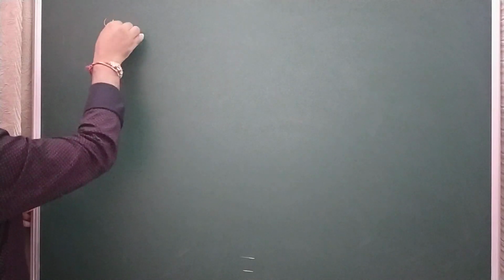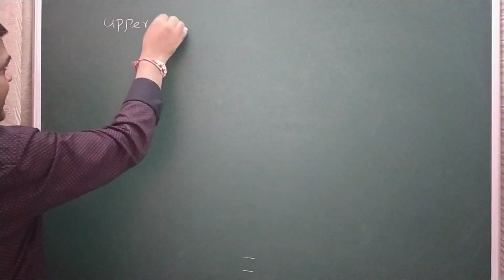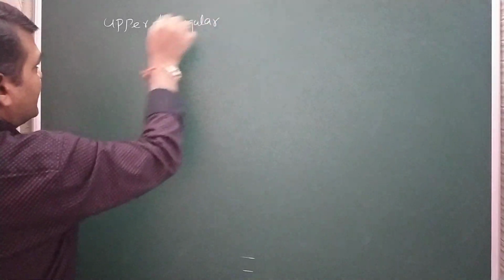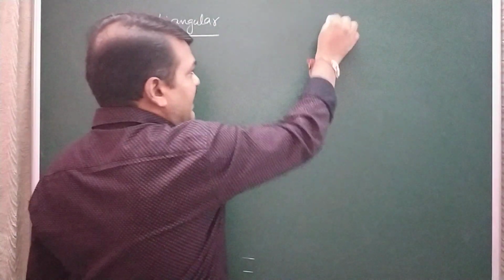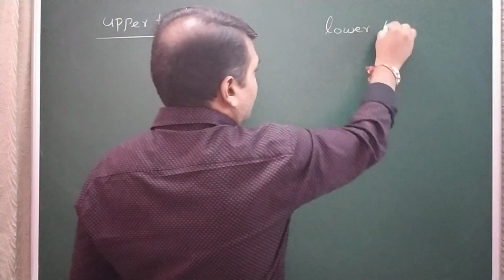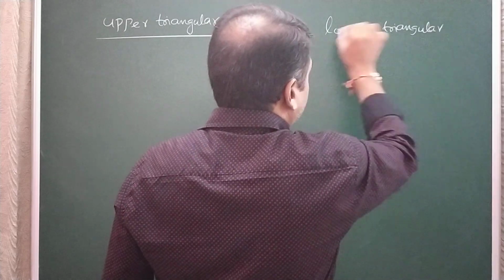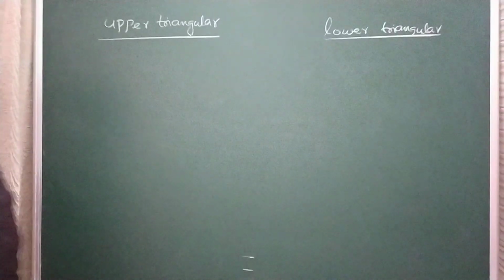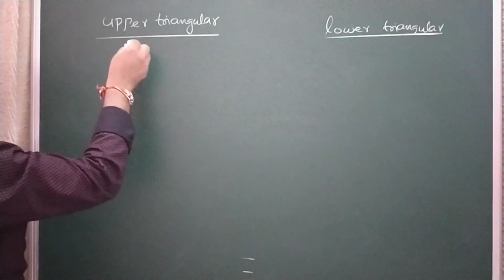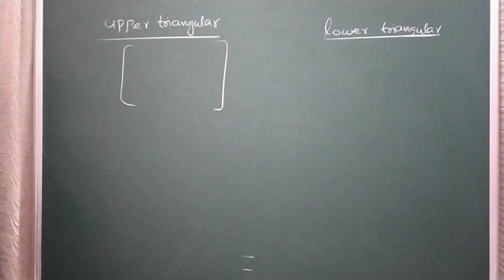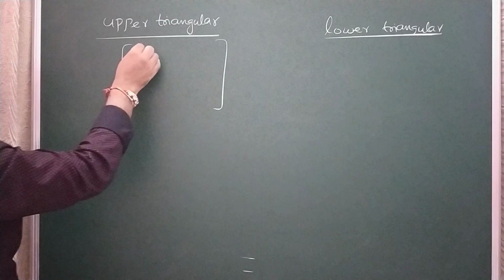So for example, if I am taking an upper triangular matrix, or for that matter a lower triangular matrix, anything. Upper triangular matrix means what? The elements below the diagonal must be zeros.